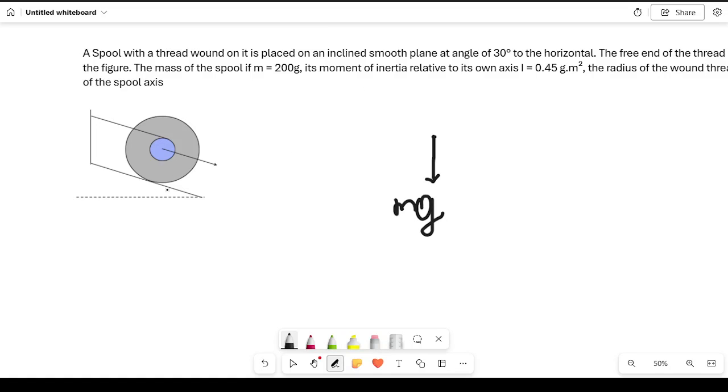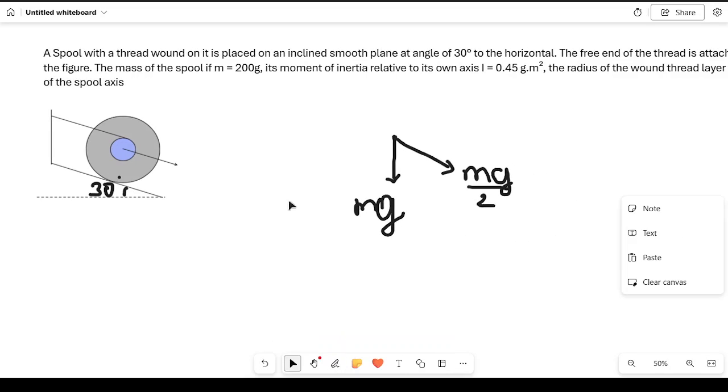Since it is inclined with an angle of inclination 30 degrees, there will be the weight force acting in this direction, that is mg sin 30 degrees, which will be 1 by 2, so mg by 2. This is the force being applied to that spool in this direction. There will also be another component, but it's not required.